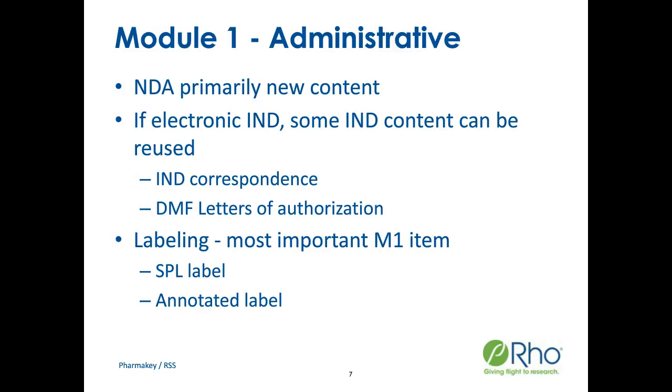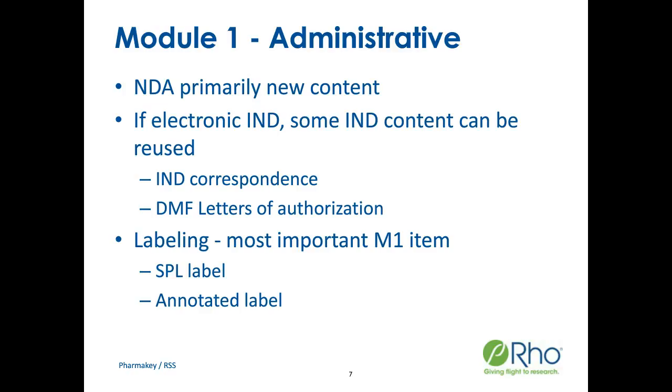There's a few things. Your IND correspondence, you're going to need to put that into the new Module 1. If you have a 505(b)(2) NDA, letters of authorization from your drug substance suppliers, you're going to want to grab those. But really, it's labeling, from my perspective, in the NDA, the key part in Module 1 is labeling.